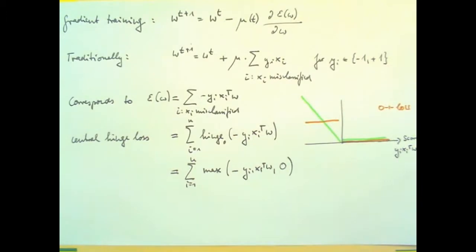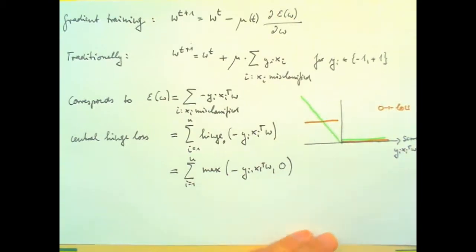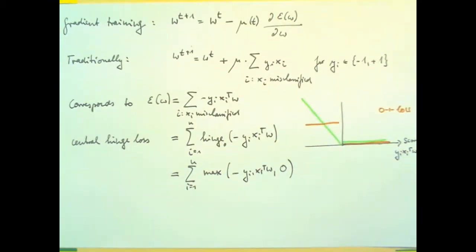So it's 0 for correct predictions, and the penalty that you incur grows linearly with your distance from the decision boundary, if you had an error in your prediction. So the green line here is the central hinge loss.